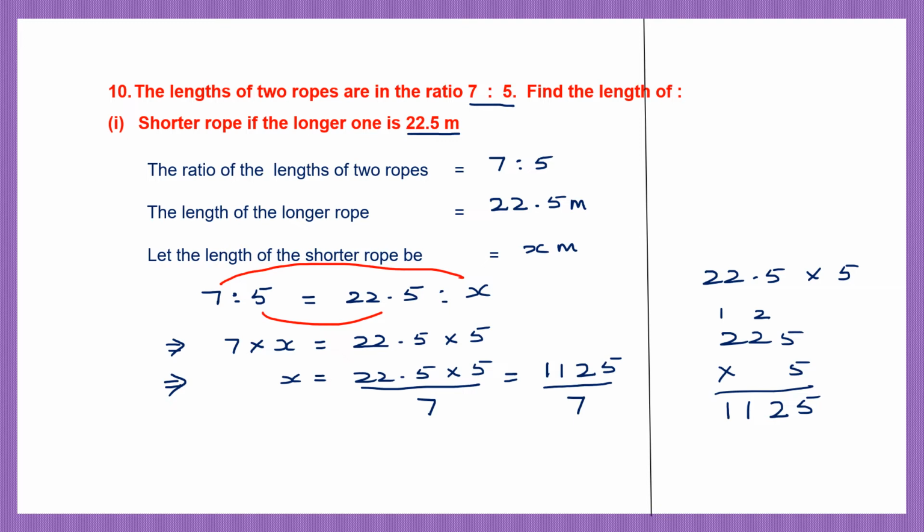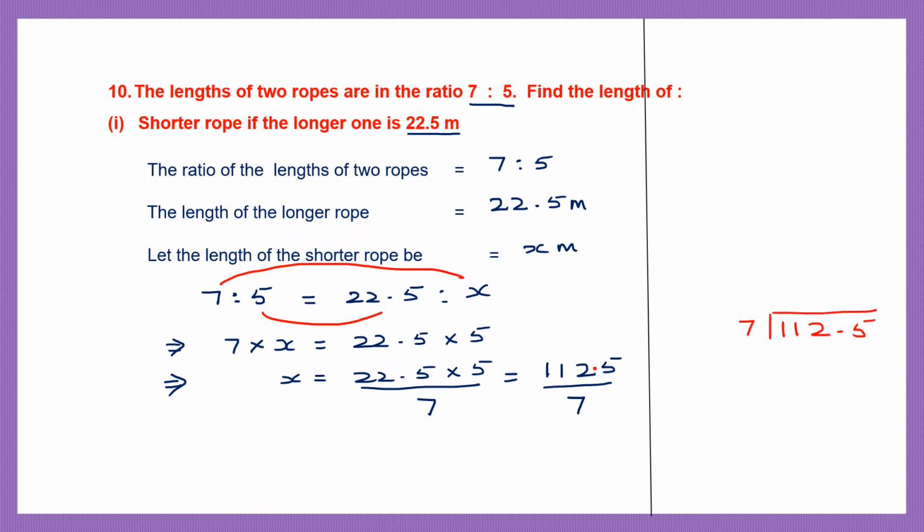Now let's go back to the question which has one decimal place. So here in my answer also there should be one decimal place. So that number will be 112.5 divided by 7. So let's do that division. 112.5 divided by 7. 7 ones are 7, minus. 11 minus 7 is 4.